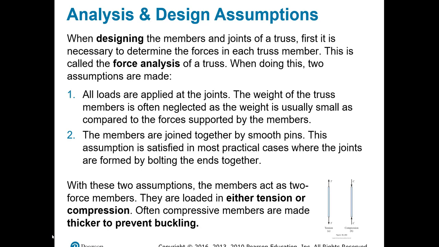All loads are applied to the joints. The weight of the truss members is often neglected, as the weight is usually small compared to the forces supported by the members. The members are joined together by smooth pins, and these assumptions are satisfied in most practical cases where the joints are formed by bolting the ends together.